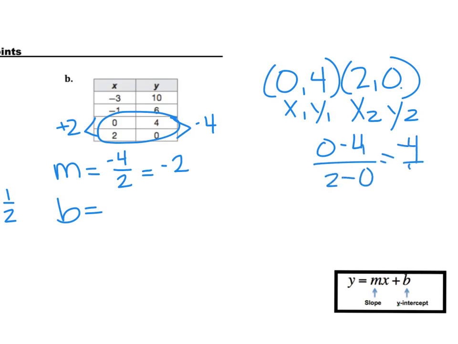It's negative 4 all over 2, which gives you that slope of negative 2. And your y-intercept, remember, is when x is 0. All right, that is this right here. Don't pick the other one. That's the x-intercept. We want the y-intercept, and x is 0 for the y-intercept. So our y-intercept is 4. So now we just have to plug it in. y equals negative 2x plus 4.